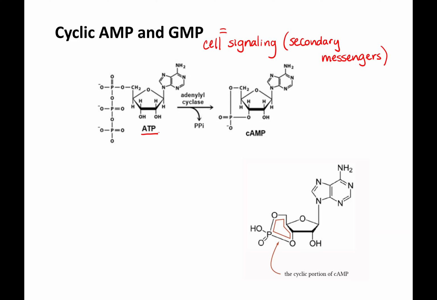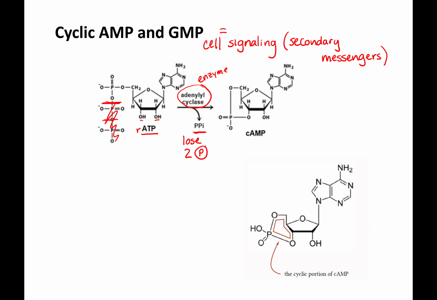So you take a molecule of ATP, and this is ribo ATP, and there's an enzyme called adenylyl cyclase. And look at this, you lose two phosphates. So instead of breaking the bond here, where we do for energy, you actually break the bond here and lose those two phosphates.